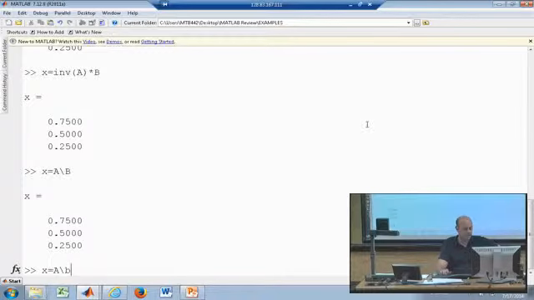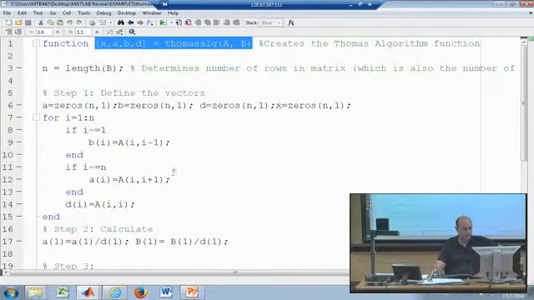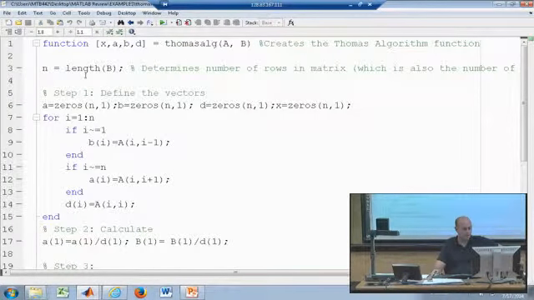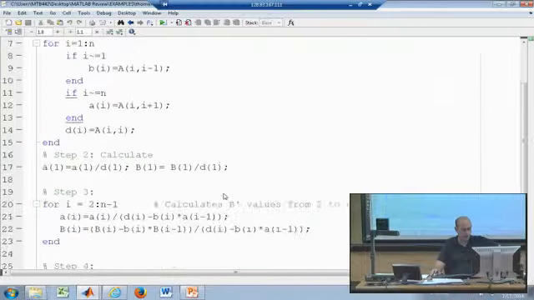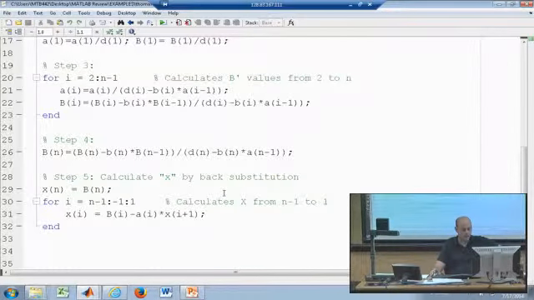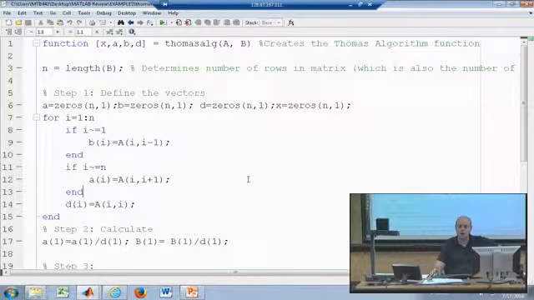But we get the same thing with our own code, which was Thomas's algorithm, right? X is equal to Thomas's algorithm of A, B, and it solves it correctly because we wrote a code, which is exactly what we did. So I really think that if you're struggling with the programming a little bit, you should type this word for word by yourself, okay, and get this to work, and then go through line by line and try to understand why I did what I did.